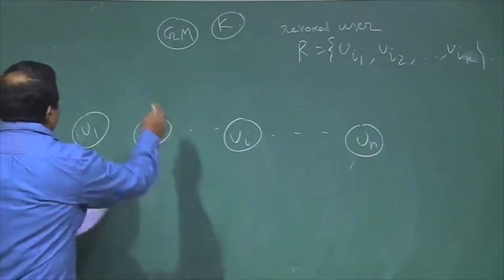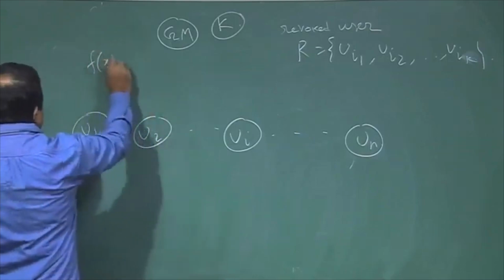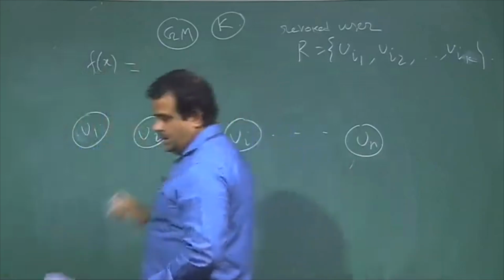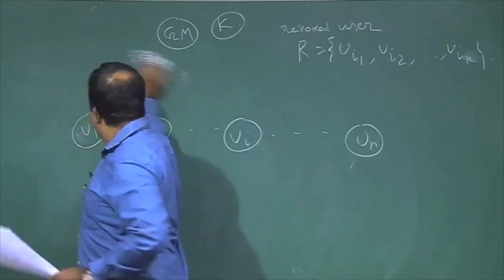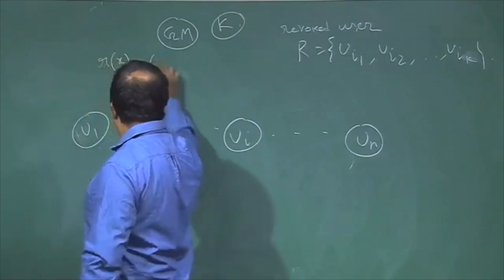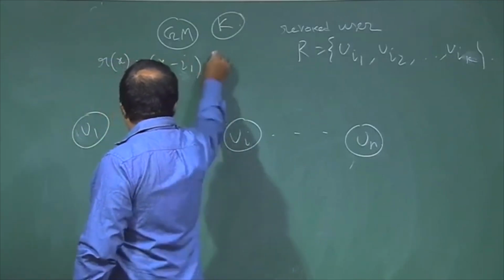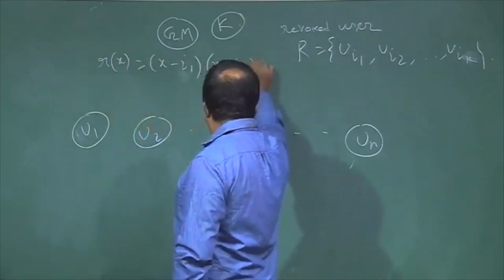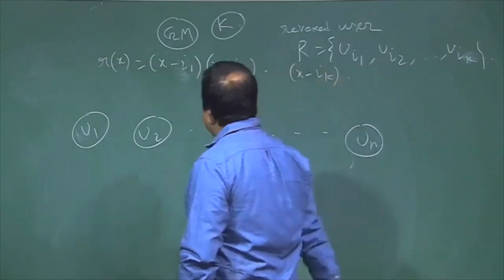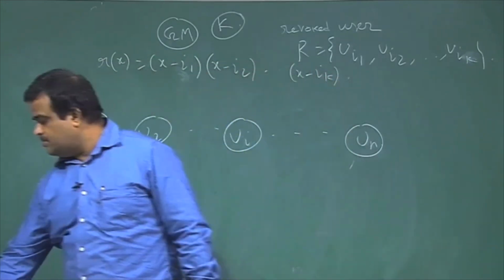Okay, so what will we do? The group manager will compute a polynomial like this. First compute a revoked polynomial R(x), by taking the indexes, as the product of (x minus ik).